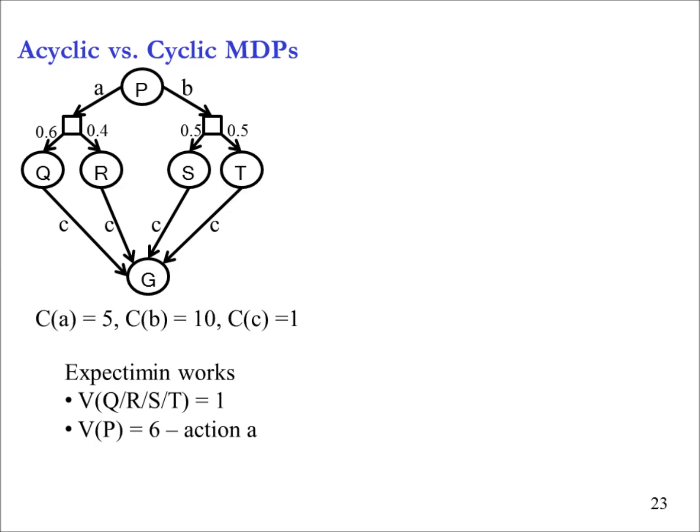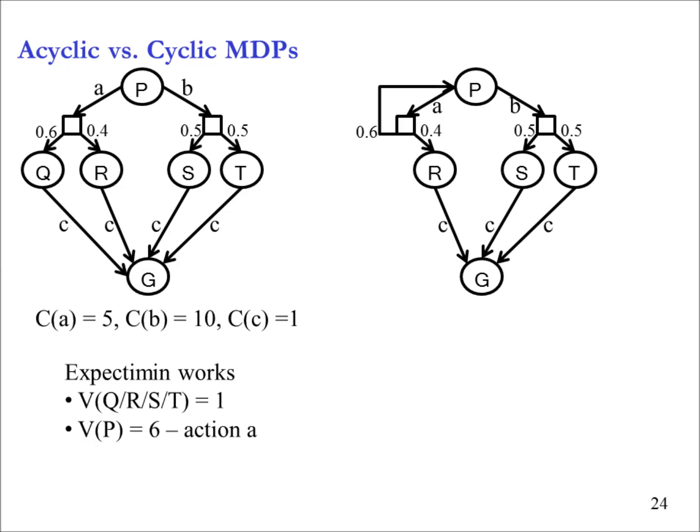Now comes the interesting question. What would I do in this particular domain? What happens is, with 0.6 probability, if I take action A, I come back to the same state. Now, is A better or B better? Think about this.